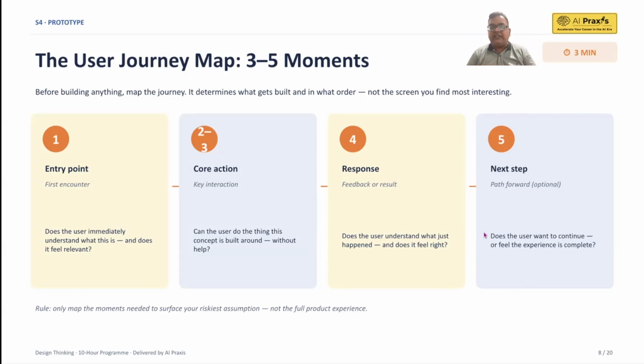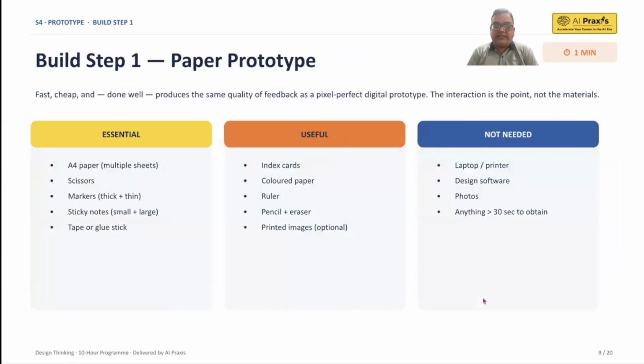If your biggest uncertainty is whether students trust the AI recommendations, then your journey should focus only on discovering the platform, asking a career question, receiving guidance, and deciding whether to continue. Remember, a prototype is not a miniature version of your entire product. It's a focused experiment designed to answer one important question. That's exactly what we will build next.